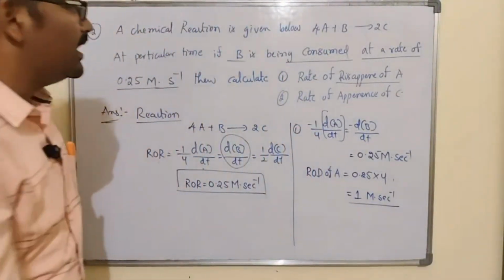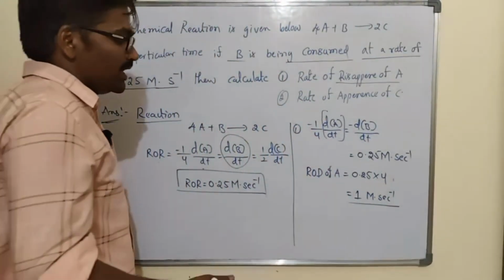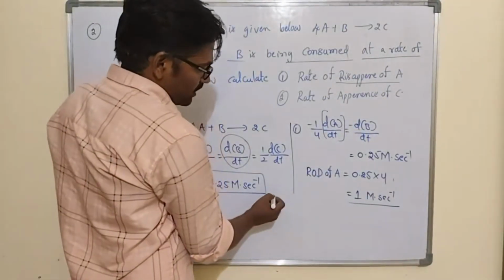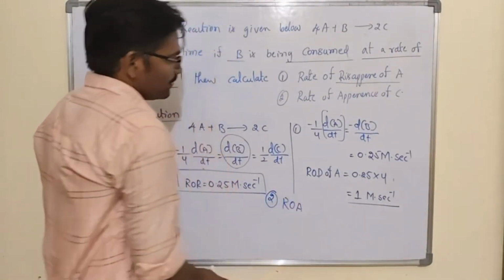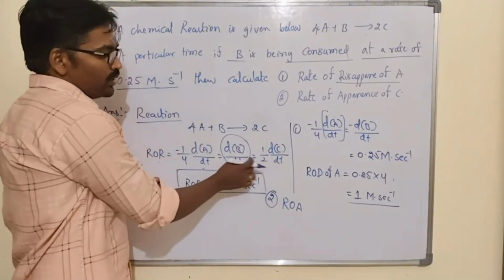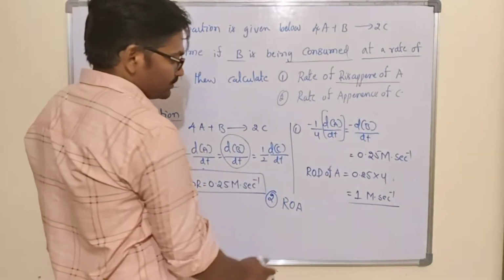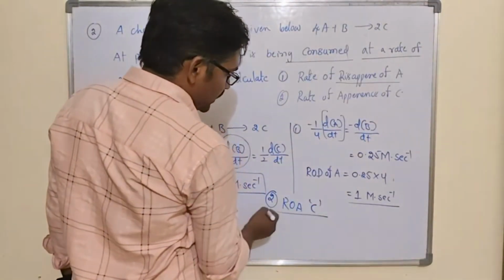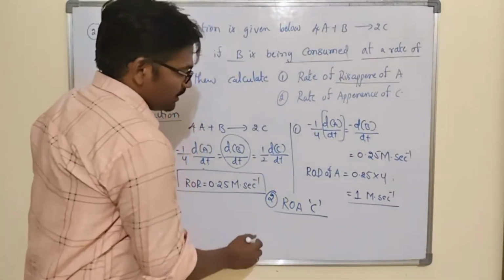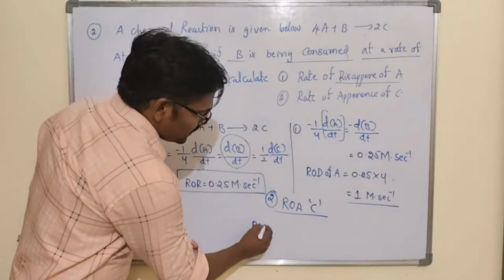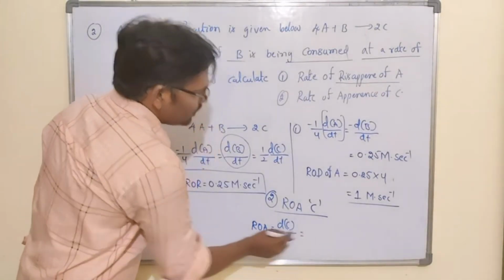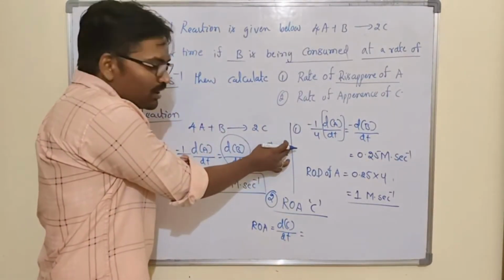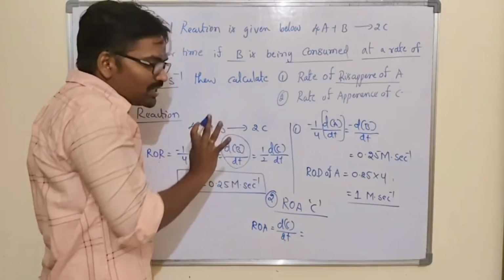Clear? Then next one, the rate of appearance of C, if you want to see. The second one is the rate of appearance, so this is C. If the two are equal, then the rate of appearance of C equals d[C]/dt. So d[C]/dt is required, then the 1 by 2 goes to that side as 2.